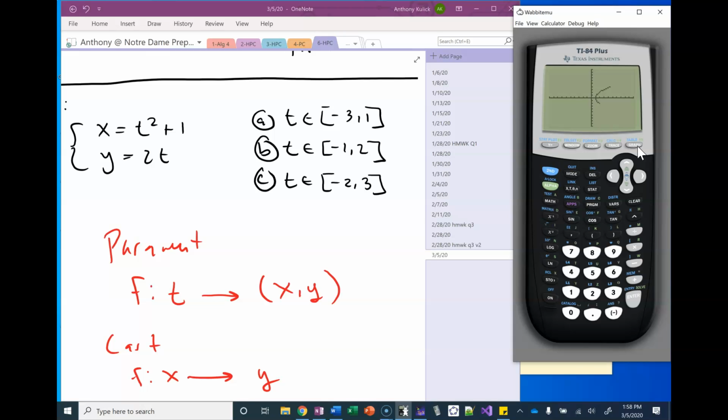Notice the difference, right? Do you notice any similarity? Maybe you don't yet. Let's go ahead and graph the third interval. So this time we'll graph it over -2 to +3.